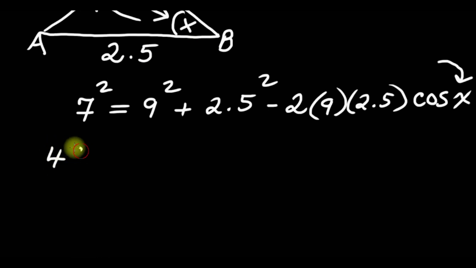Okay, so 49 is 81 plus 2.5 times 2.5. This is 6.25.